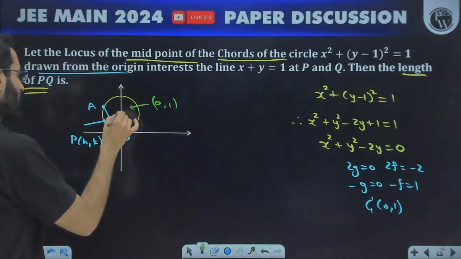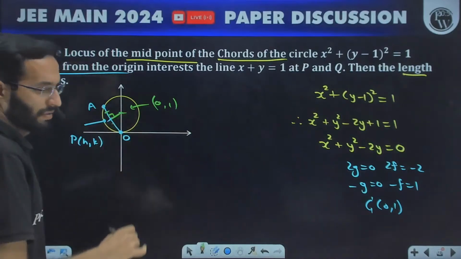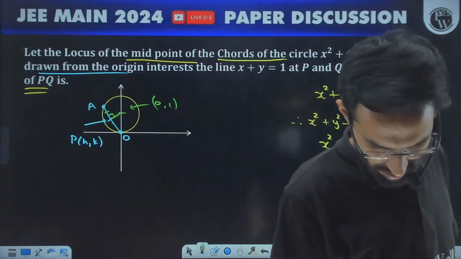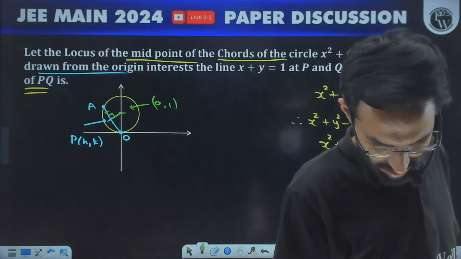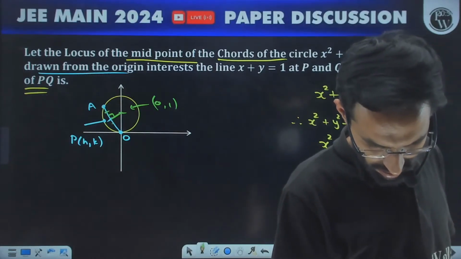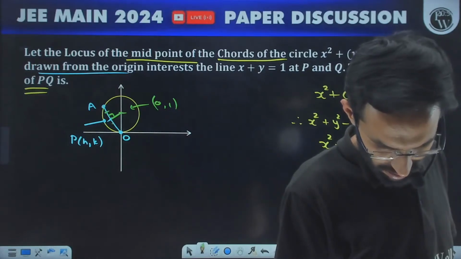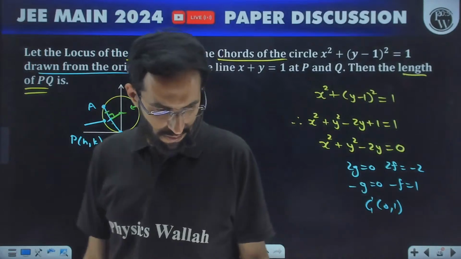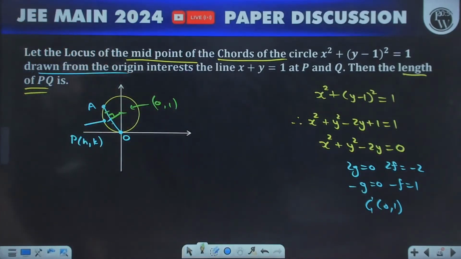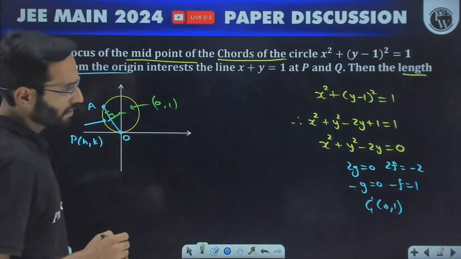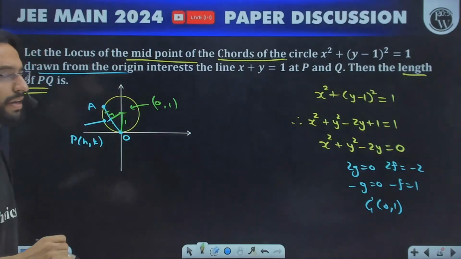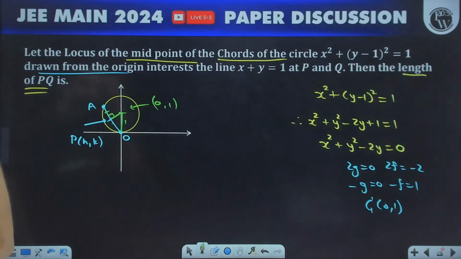From the center, if I draw a perpendicular over here, it is going to divide this chord. What will be the radius of this circle? Definitely the radius will also be 1. So first, let us try to find the locus of this.